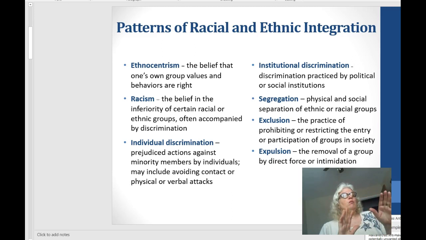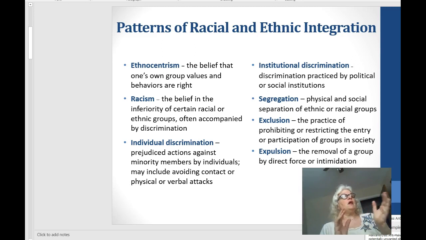Now, this is pretty important when we look at other pieces of social problems that we'll be looking at throughout the course. But if we believe that our behaviors are the right ones, then someone from another ethnic or racial background who has other belief systems can fall into categories that are considered deviant. So it may be crime or it may be illness that we may consider it.